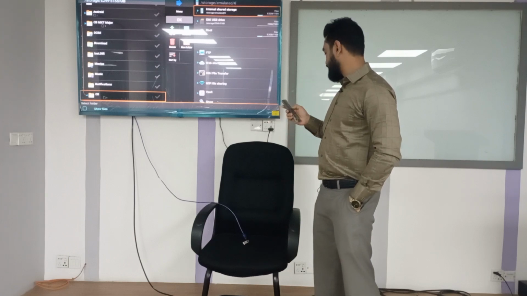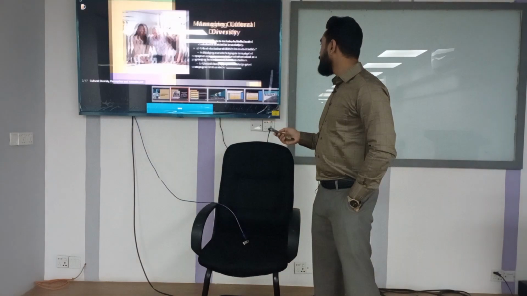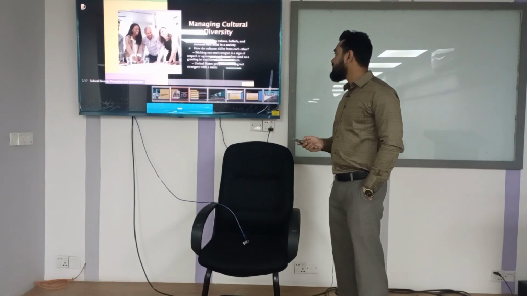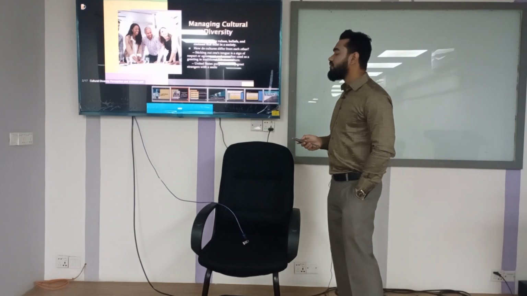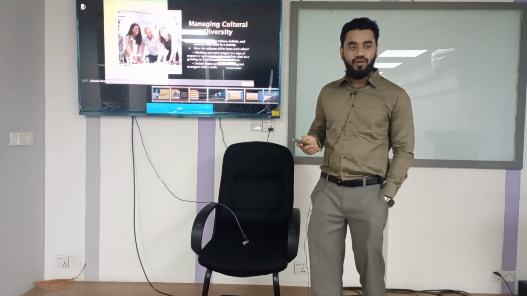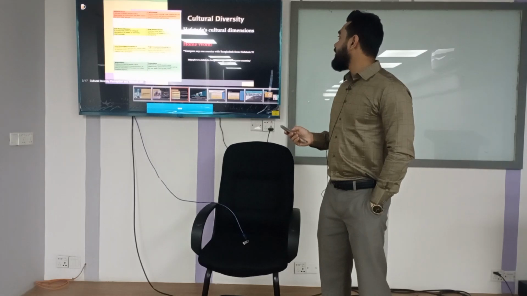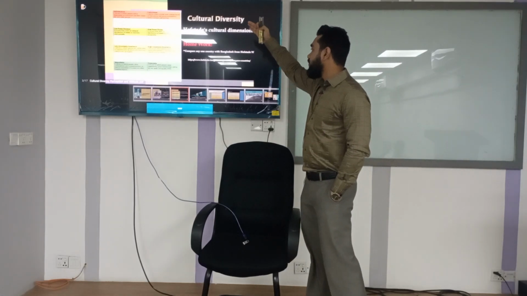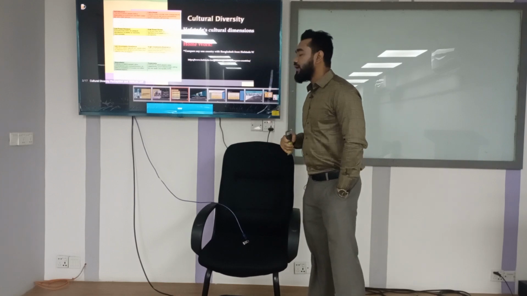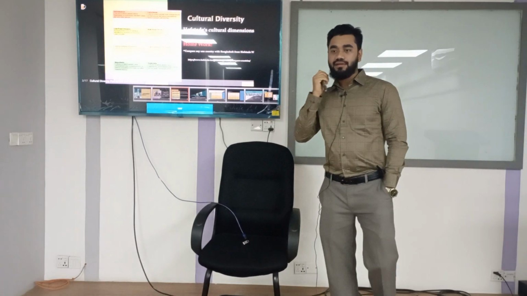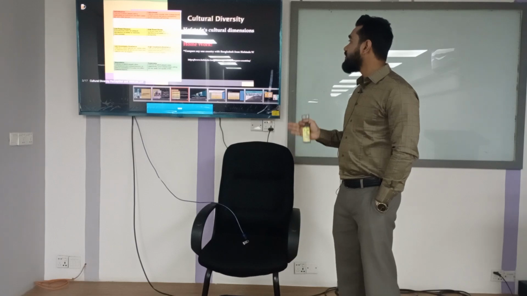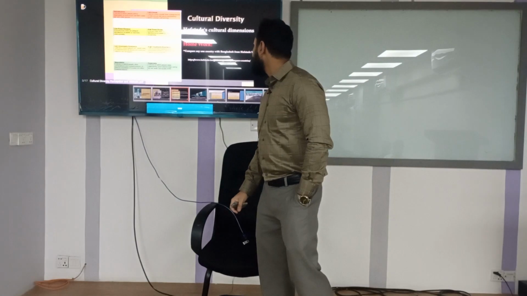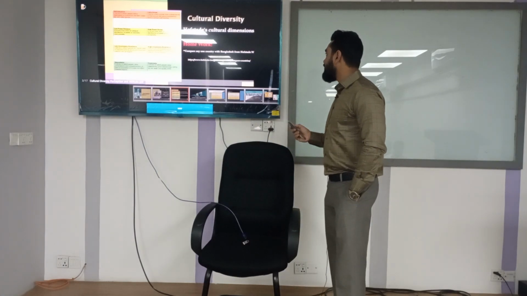So we were talking about managing cultural diversity, and we talked about how cultures differ from one to another, and then we talked about Hofstede cultural dimensions, and there were 1, 2, 3, 4 dimensions, and on these 4 we got 6 dimensions of culture given by Hofstede.